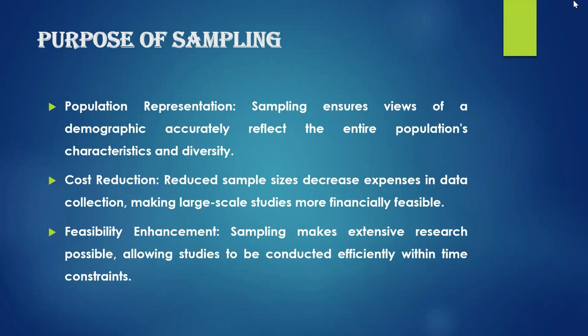Sampling makes research possible even when studying the entire population is impractical. It enables researchers to obtain valuable insights without overwhelming time and resource constraints. This can be done through use of cluster sampling or multi-stage sampling to break down large populations into smaller, manageable segments, ensuring that the selected sample is representative to maximize the relevance of the findings.